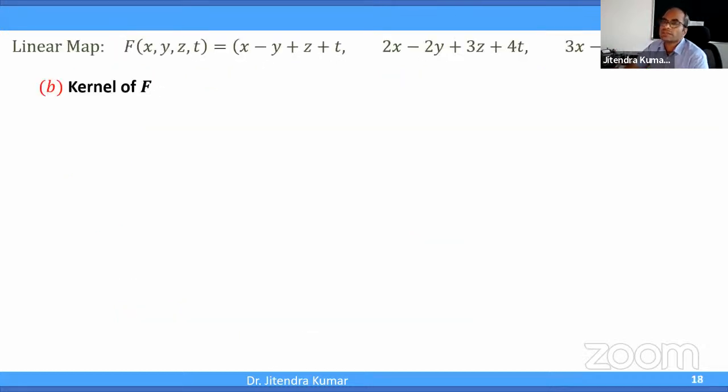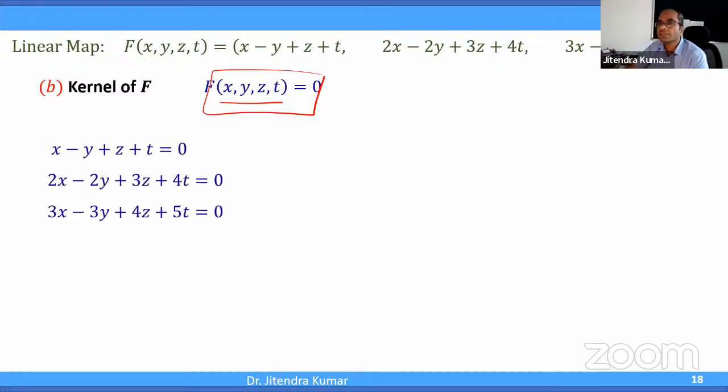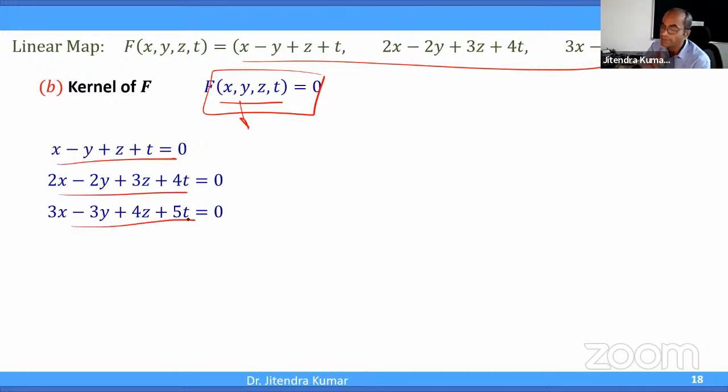The last one is the kernel of f. That means we have to find all x, y, z, t which map to the zero vector in R3. Because f is given, we have three equations, each set to 0.